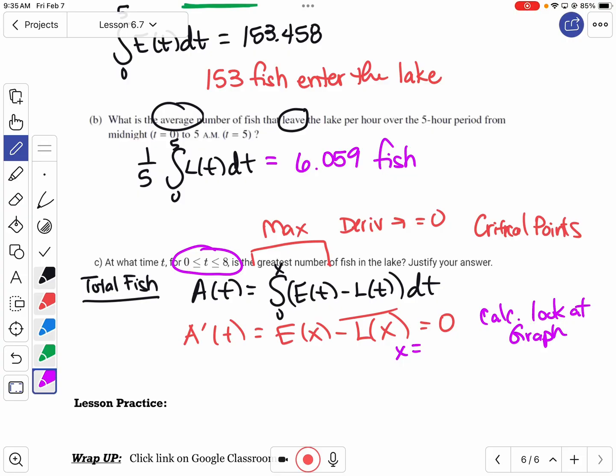Change your window if you need to. Just do your x's from 0 to 8, so that way you can see what you need. Okay, you've got a lot of parentheses in there. You may have to use multiples.